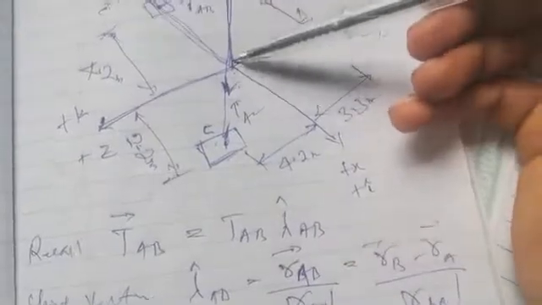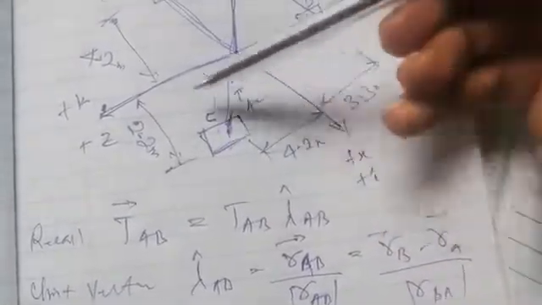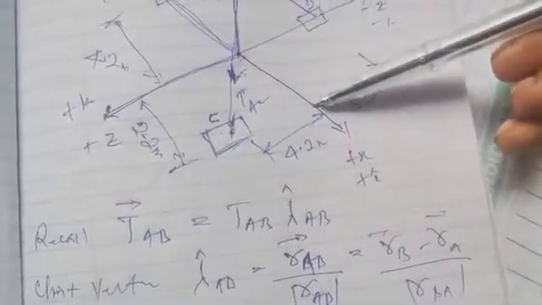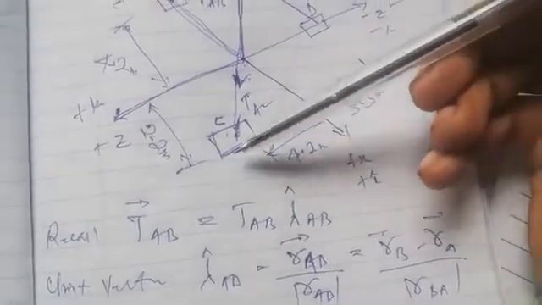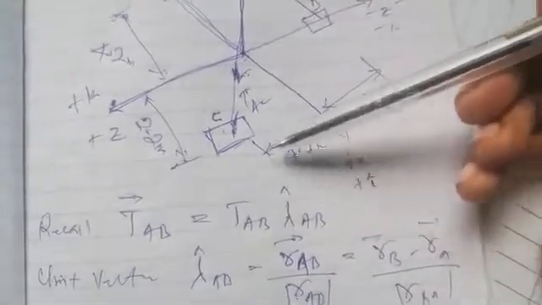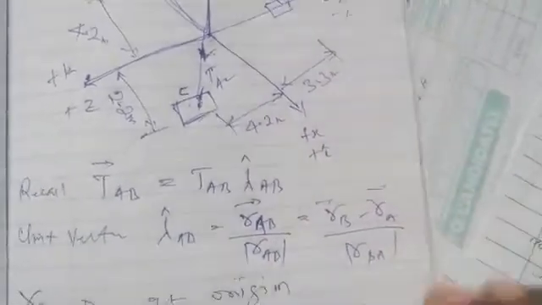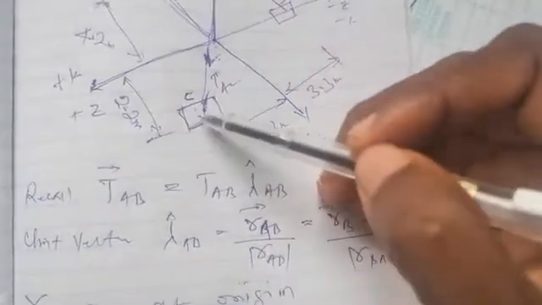Or I can move along the x-axis covering 2.2, then cover 4.2 in the z-axis. So RC actually has two routes. It's situated at the midpoint.